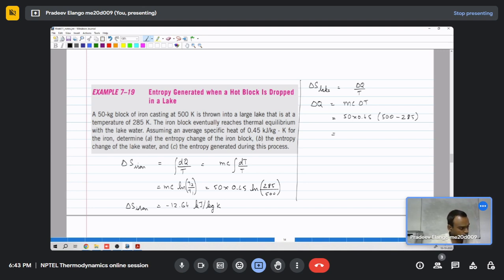Can you calculate this? So it is 4837.5.